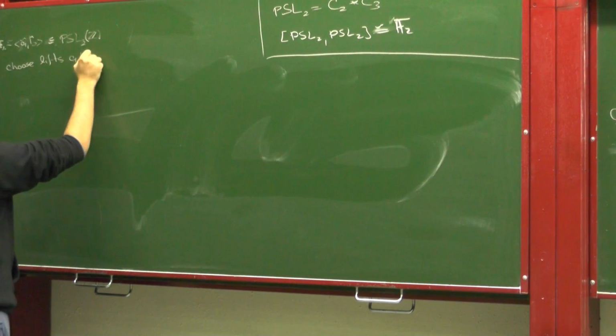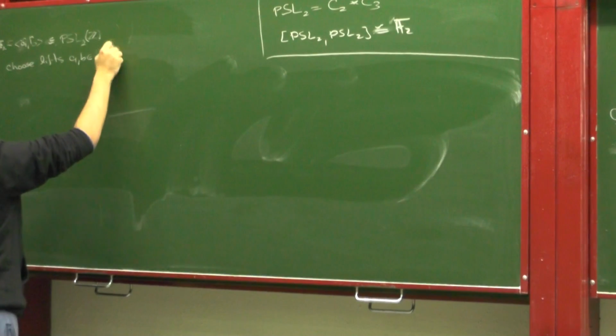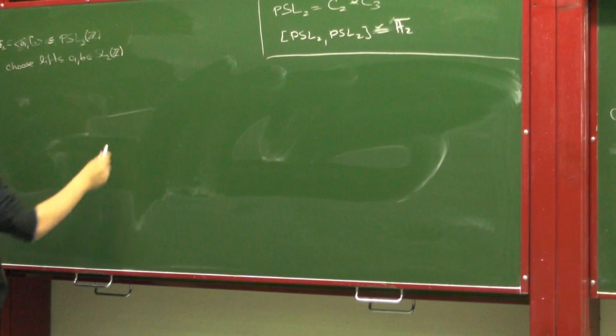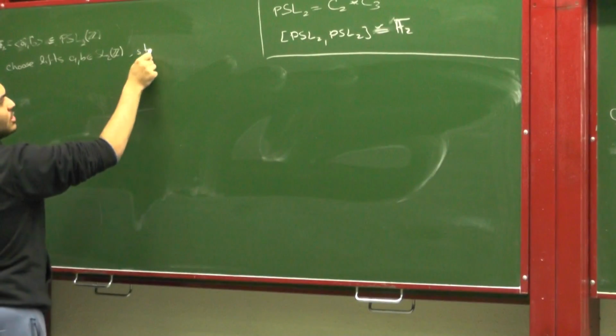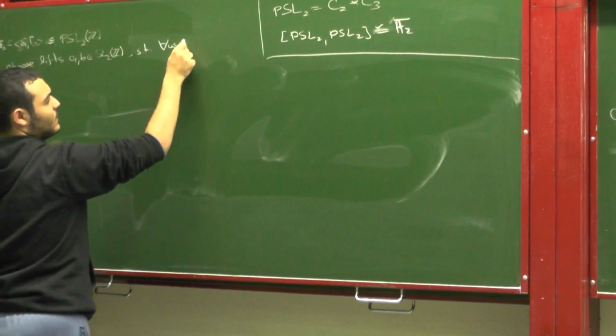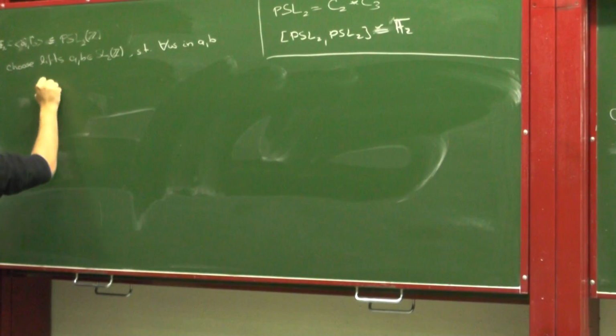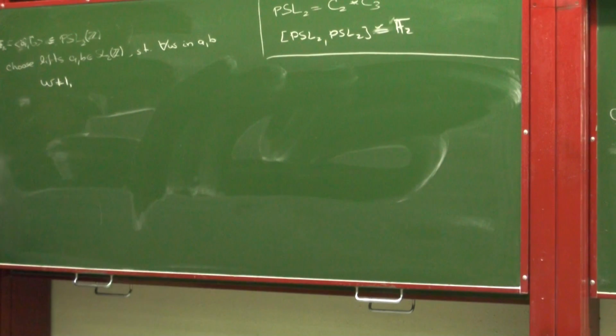A, B in SL2Z, such that for every word W in A and B and their inverses, W is not the trivial element, but also not minus identity. Basically because you can project out.